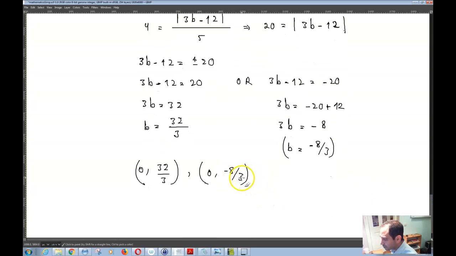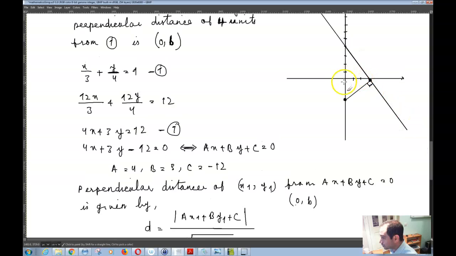And negative 8/3 is equal to 2.6. So negative 2.6, and that's the exact point that we predicted.